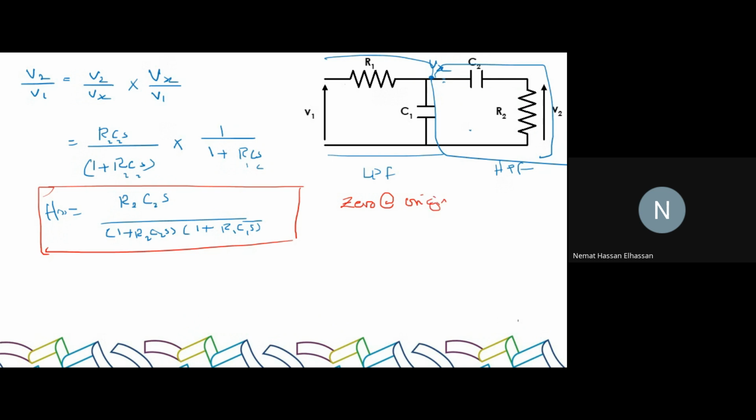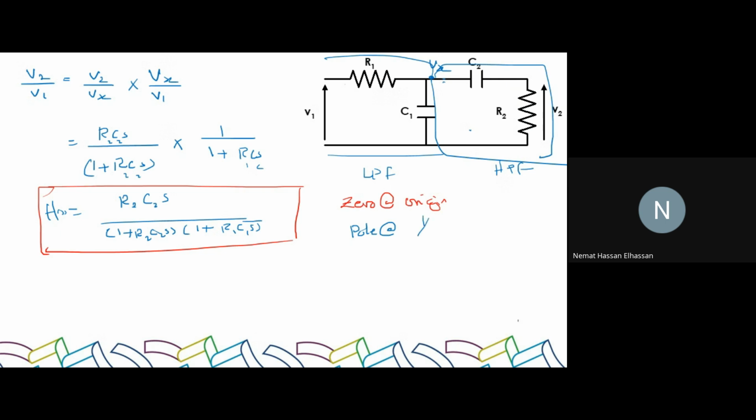Do we have poles? Values of S that make the denominator 0. Minus 1, perfect.